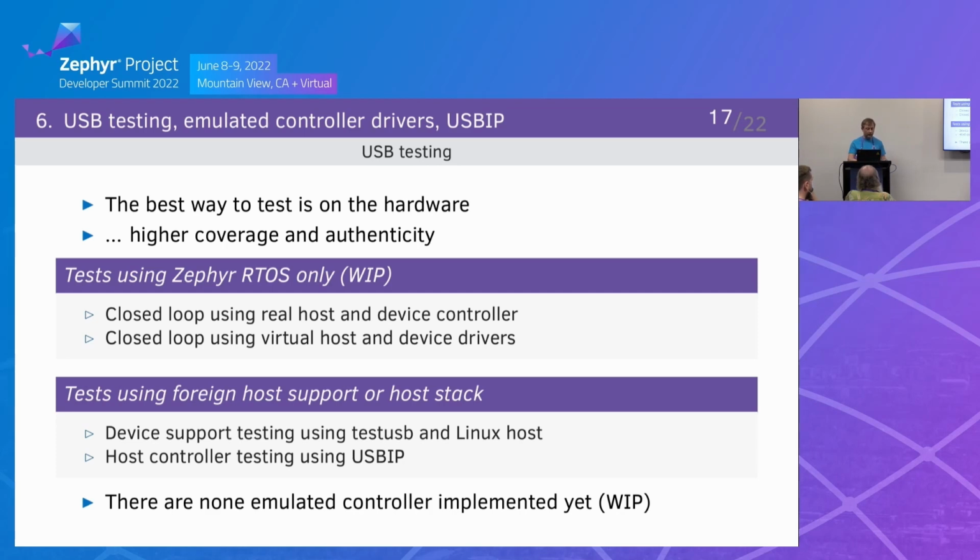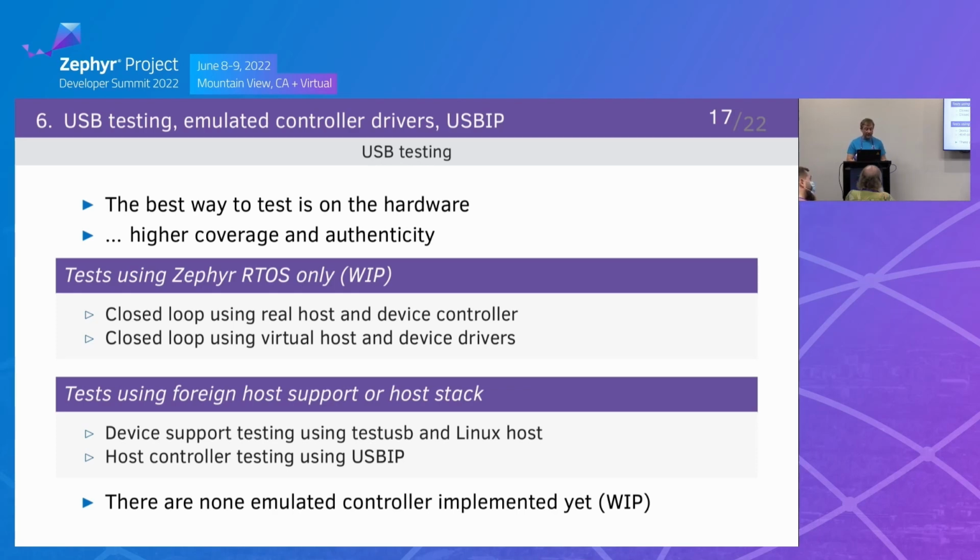So in the future we have two approaches, like closed loop, everything not using third-party support like a Linux host, but everything in Zephyr using closed loop to test real host on device controller and virtual host on device drivers.